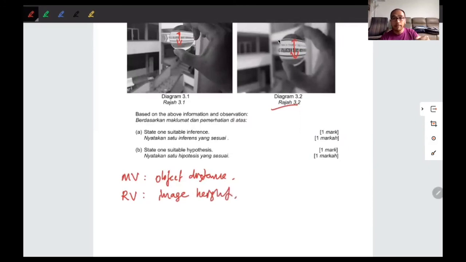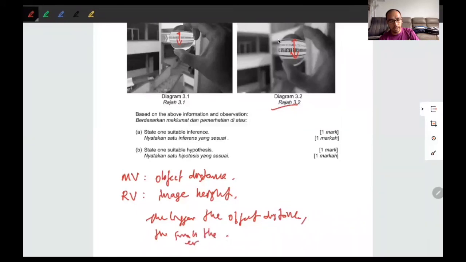But the relationship is the same. The bigger the object distance, the smaller the image height. The experiment is the same. The constant variable is still the same, the power of the lens. You're still using the same lens.